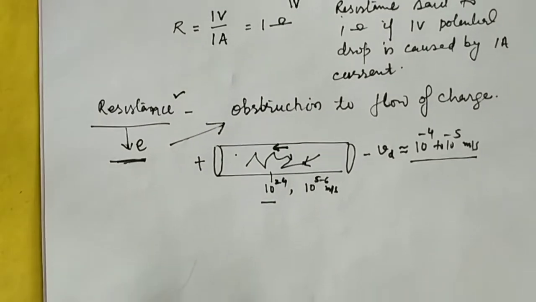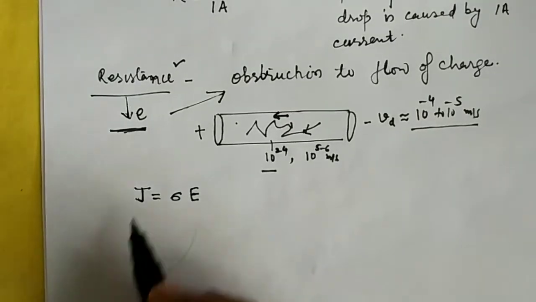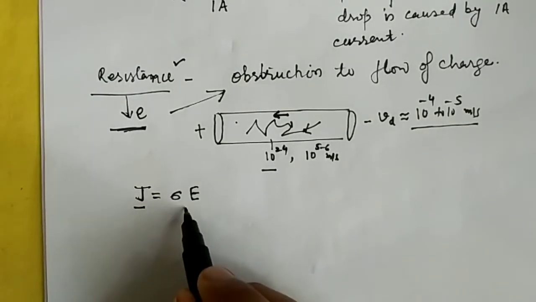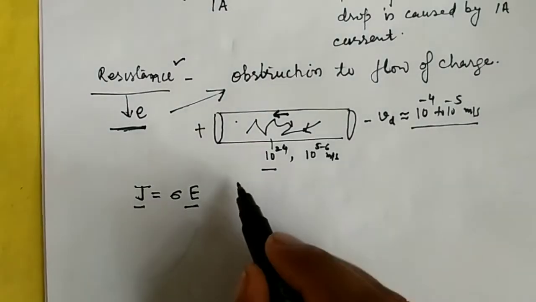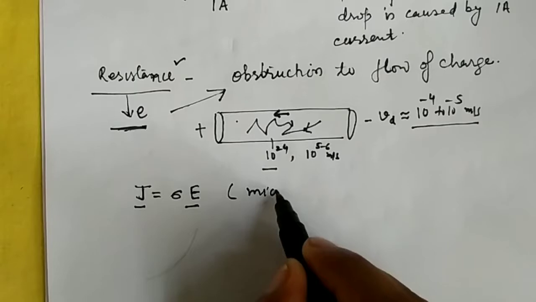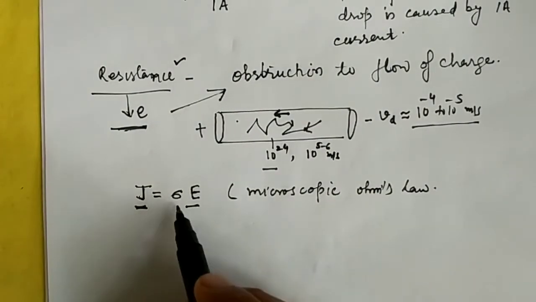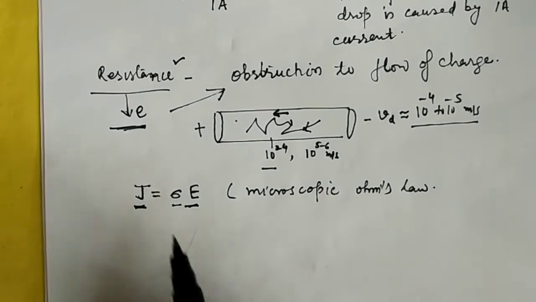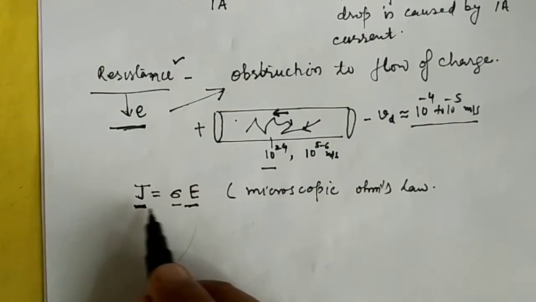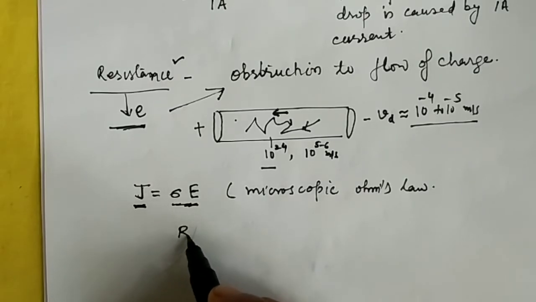Now further, how will we calculate the resistance? We know that the current density is directly proportional to the conductivity times the electric field. That is nothing but the microscopic Ohm's law. Now if we put the values of J, sigma and E, we will be able to find the value of resistance. This relation we have already derived, so I am directly writing it.